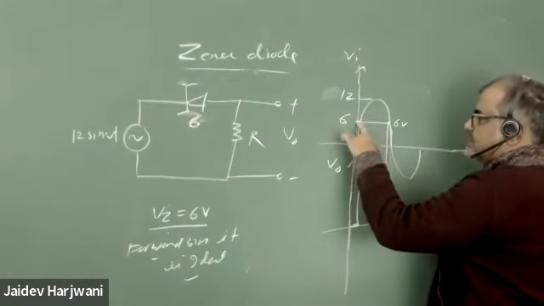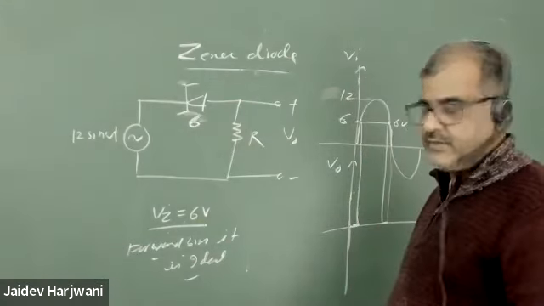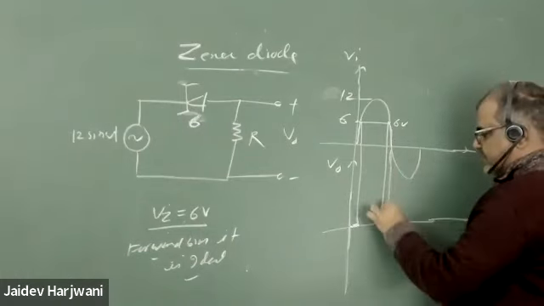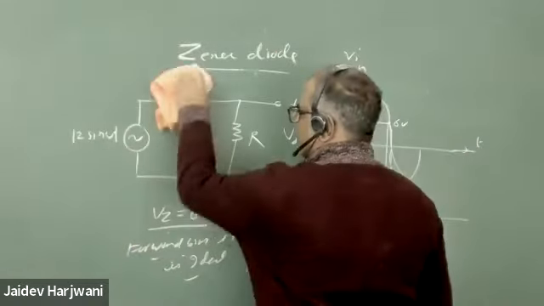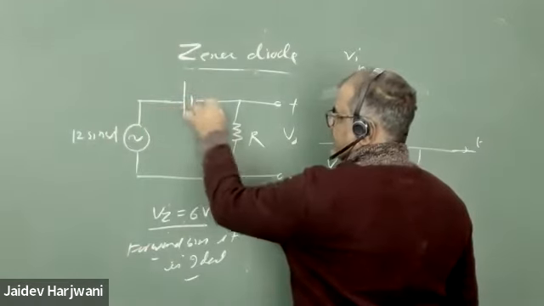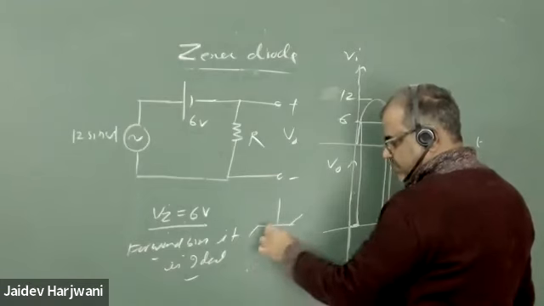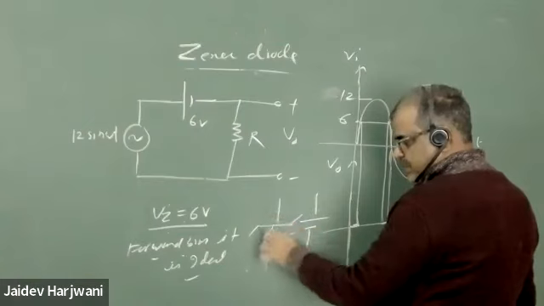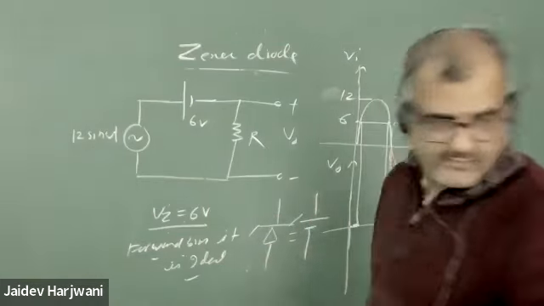After that, once the input voltage goes beyond 6 volt, VZ, the Zener diode will conduct, and you can replace it by a battery. And always remember how I'm changing: I'm changing negative with positive. This you should remember. So a 6 volt battery now.